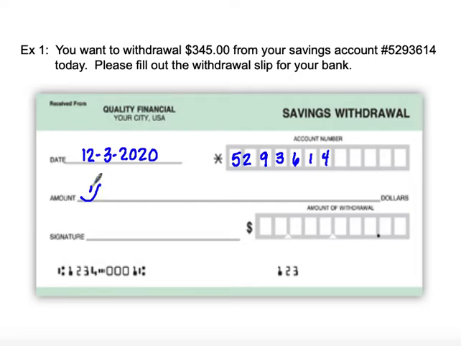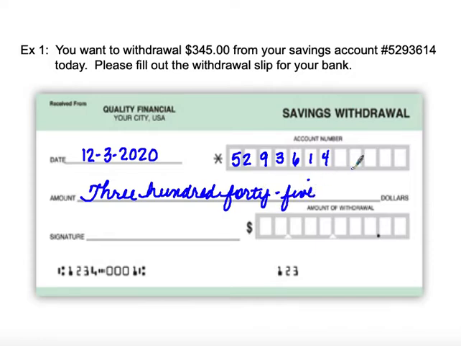So I'm going to write this in words. 345 and 0 change, and you can see that they already presented us with the dollars, and I'm going to write that numerically.